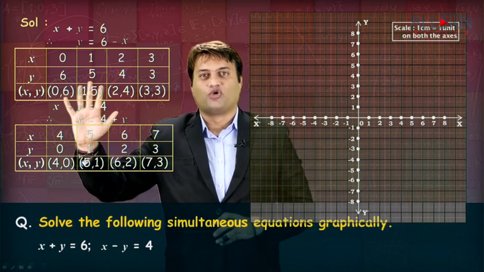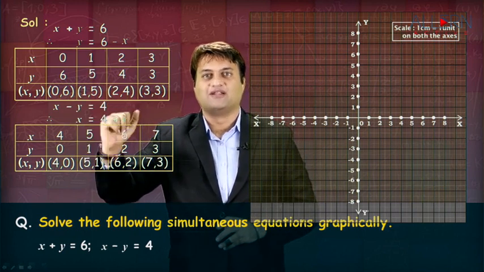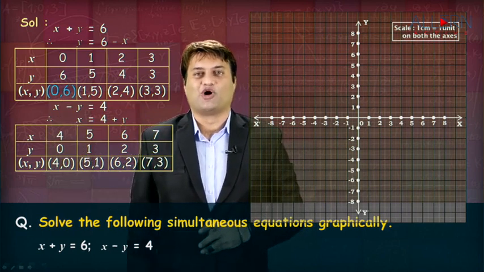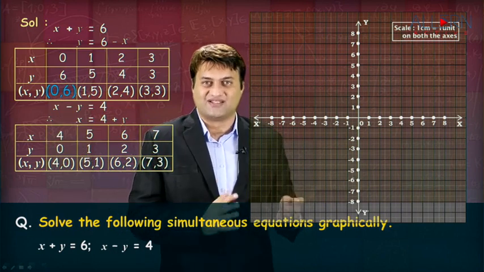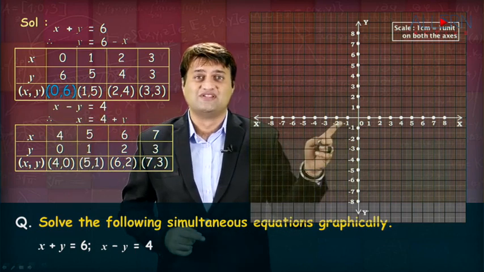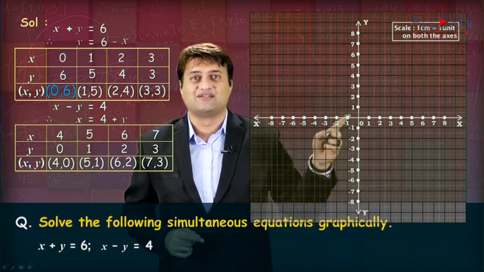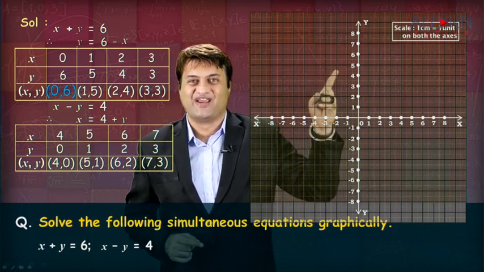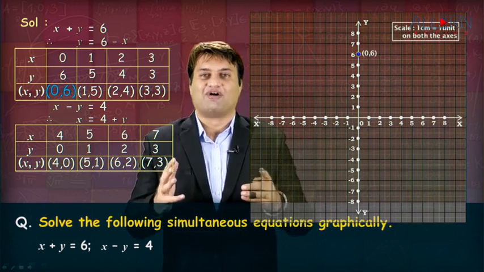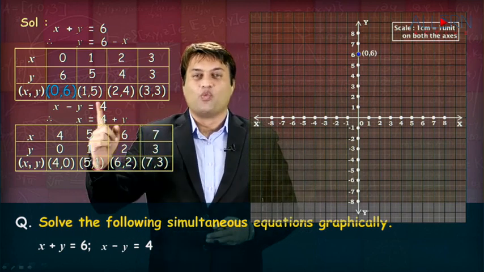Let's plot these 4 points first of the first equation, that is x plus y is equal to 6. The first point to be plotted is 0, 6. x coordinate is 0, y coordinate is 6. So it's 0, always start from the x axis and move towards the y axis, right? So 0, comma 6 is a point on the y axis, right? 1, comma 5.